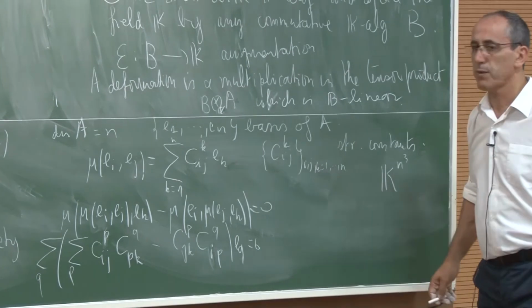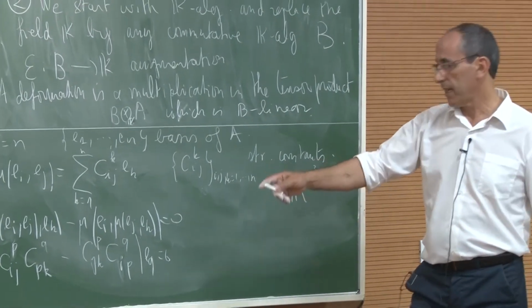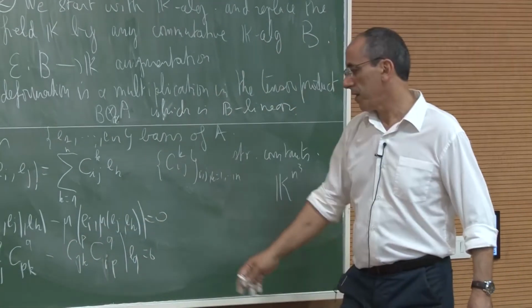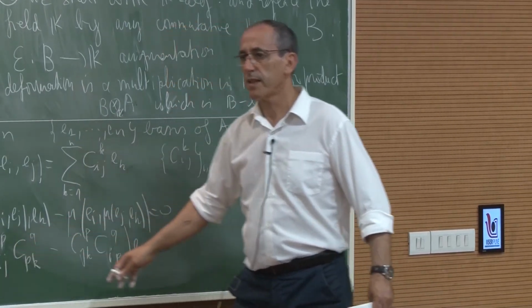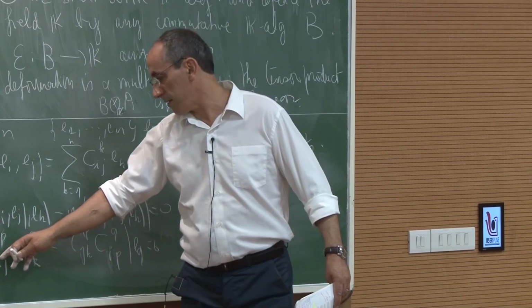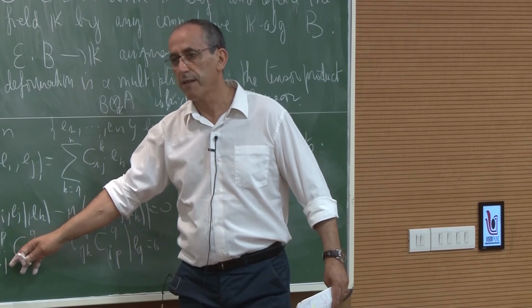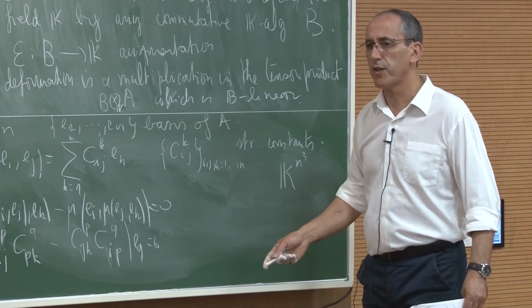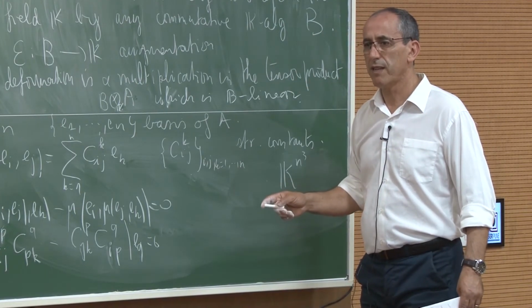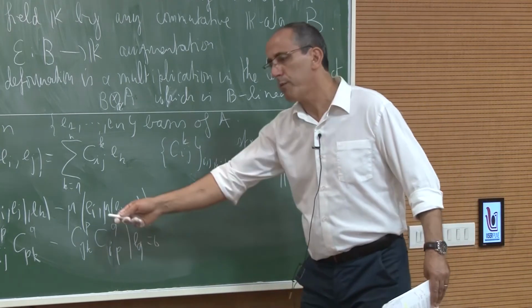And now for the algebraic variety, you can view these as variables, n^3 variables, and you consider the set of polynomials in these n^3 variables.